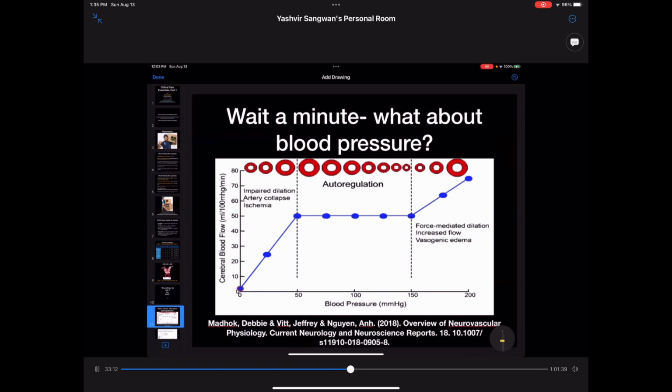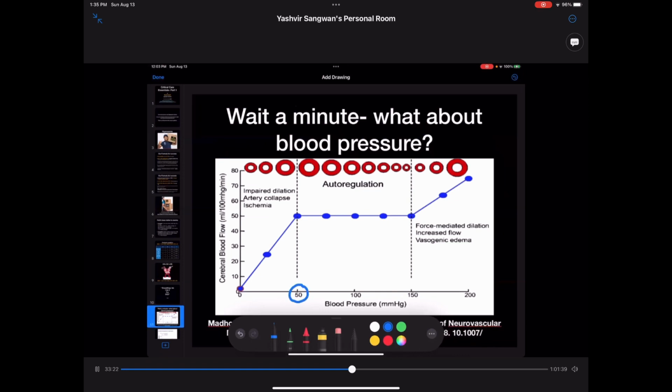And it seems that if the perfusion pressure, the mean perfusion pressure, is less than 50 in a normal person, then the blood vessel has actually exceeded its limit of dilatation, and after that the flow through the tissues, the actual delivery of oxygen into the tissue, becomes dependent on the perfusion pressure.